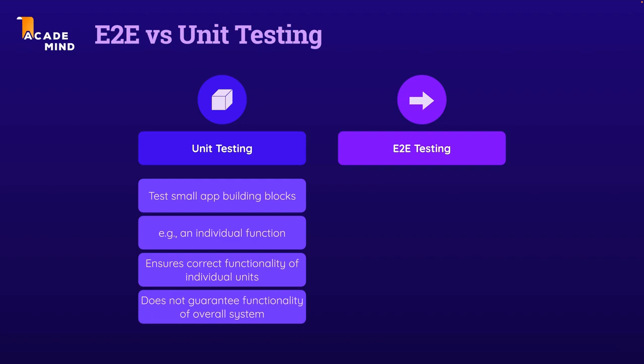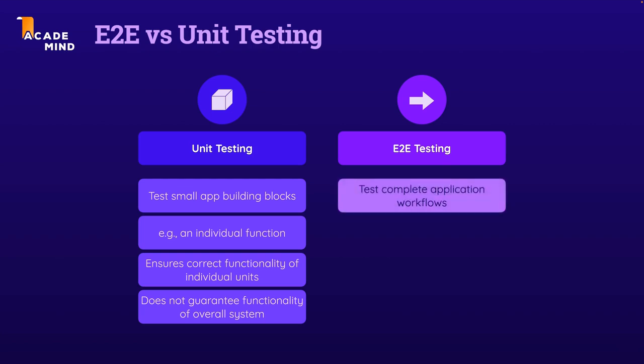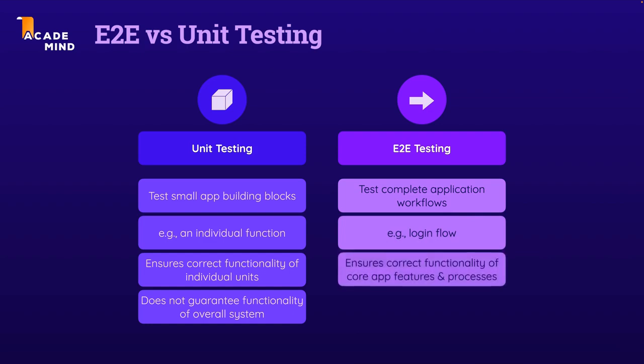And therefore, that's where end-to-end testing comes into play. Unit testing is important to test your individual building blocks and find errors early when those blocks break. But you then also have end-to-end testing to test those complete application workflows as mentioned, like that login flow. And therefore, with end-to-end testing, you can ensure the overall functionality of the entire app or of those key application processes and workflows.